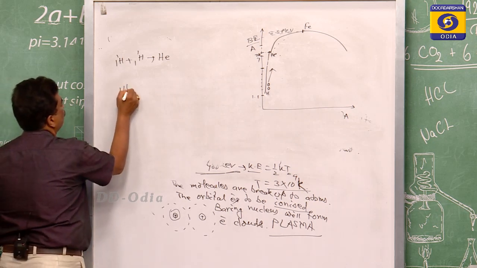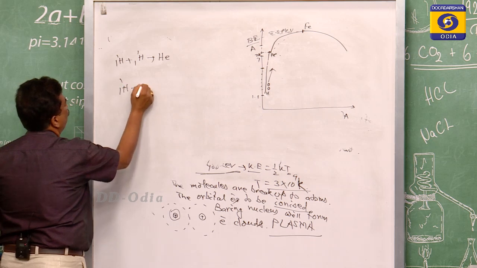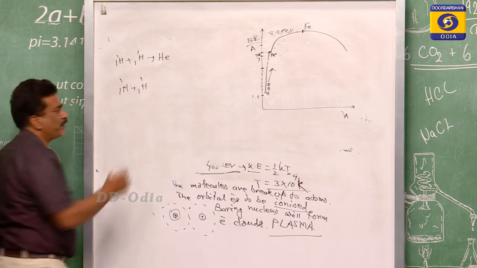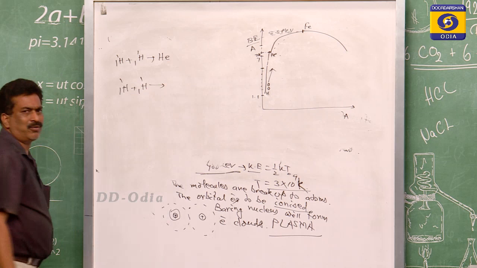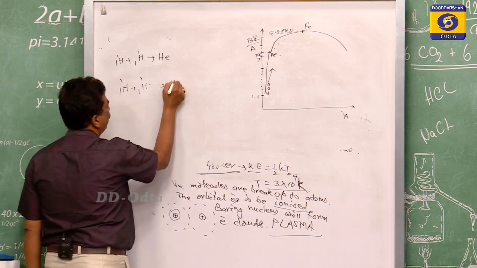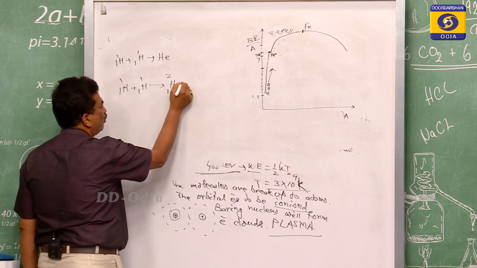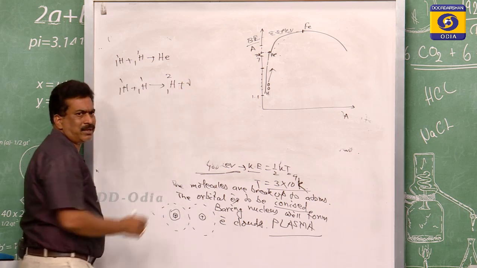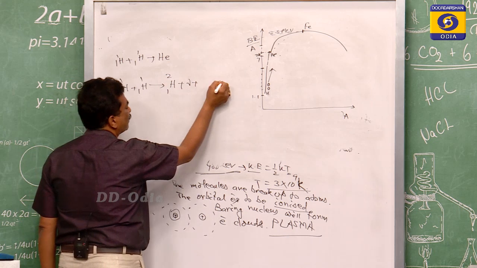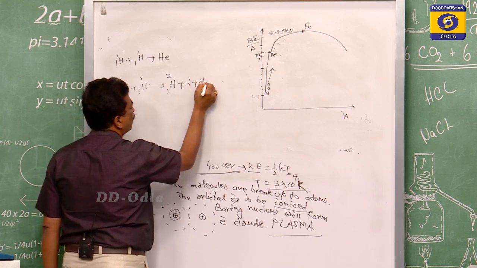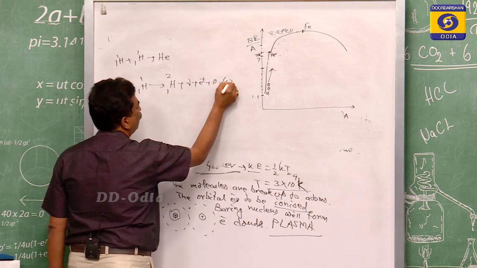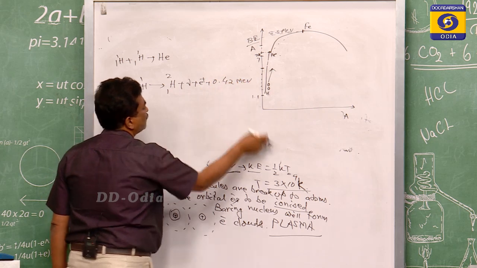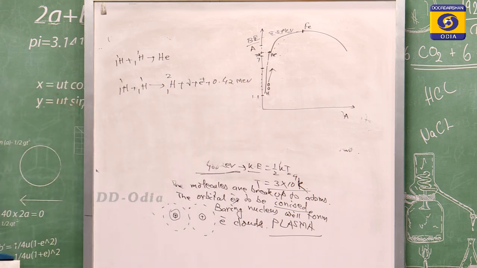Suppose we have taken 1H1 with 1H1. So 1H1 plus 1H1 gives you 1H2 with a gamma emission and some energy, 0.42 MeV, as I have written earlier.